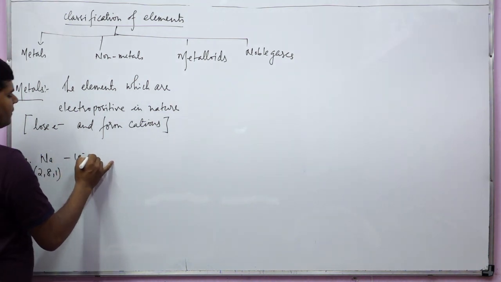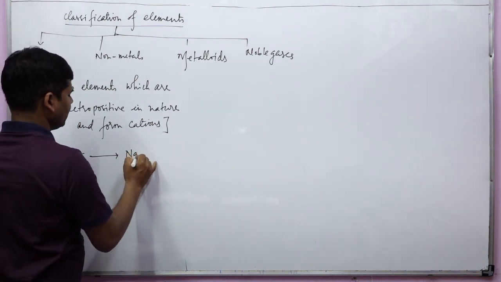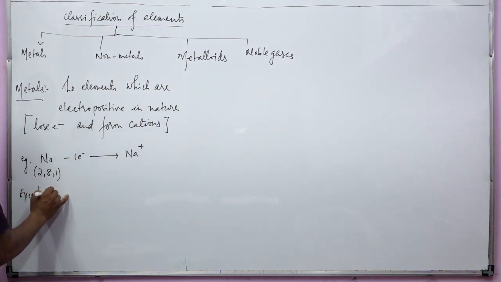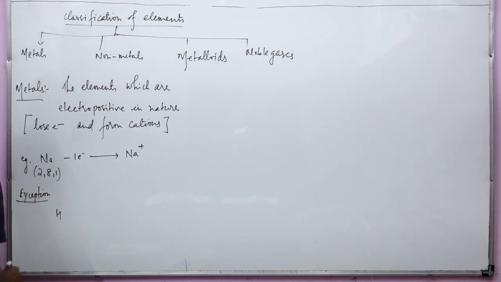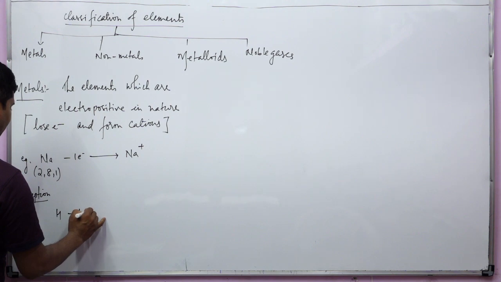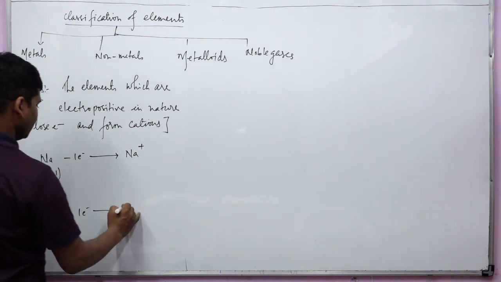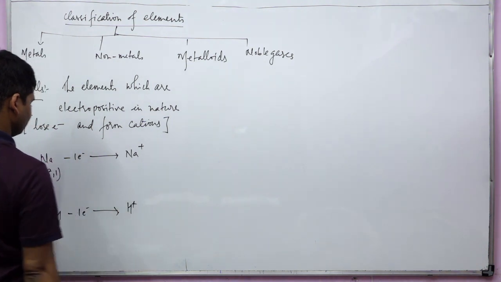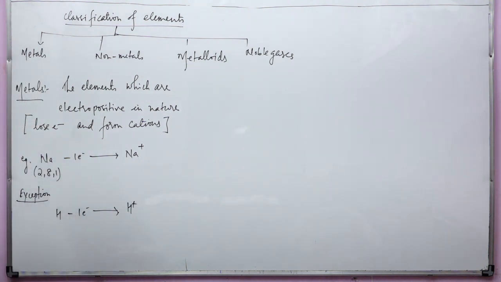It loses one of its electrons and develops a positive charge, that is a cation. Here we can have an exception. Suppose hydrogen may lose one of its electrons and develop an H plus ion. So this is an exception we find.